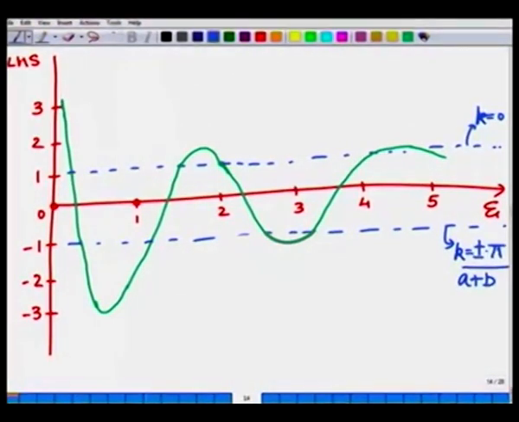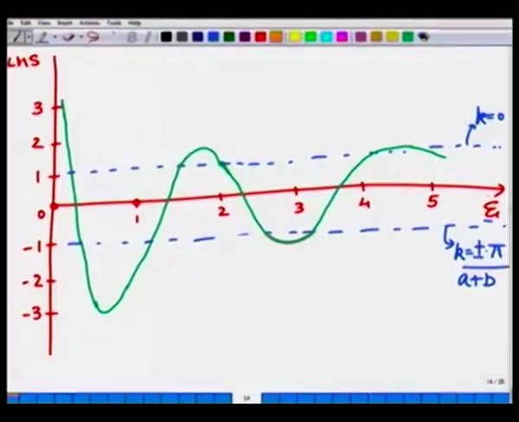Essentially, whenever this green curve, which is the left hand side, is within these two blue lines, then only the solution exists. So, let us look at this solution. That means the allowed values of this quantity zeta must lie between here and here.